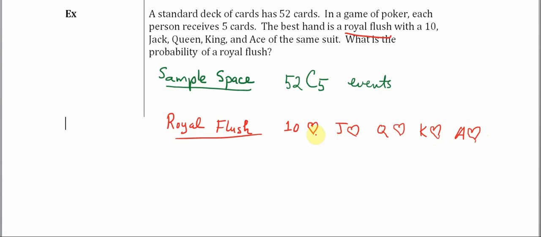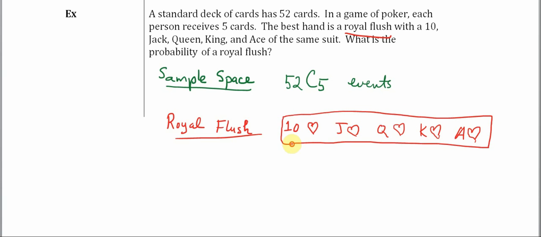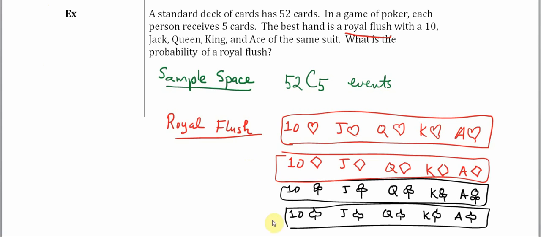So this is one possible event. This is one way for you to get a royal flush. And there are 3 other ways, which I will enumerate here. Okay, so there it is. Those are the 4 possible royal flushes. And hopefully my drawings make a little bit of sense. 10 of diamonds, jack of diamonds, queen of diamonds, and so on. You could have clubs, 10 through ace, and then you can have spades, 10 through ace. So that's it. There are 4 possible royal flushes.